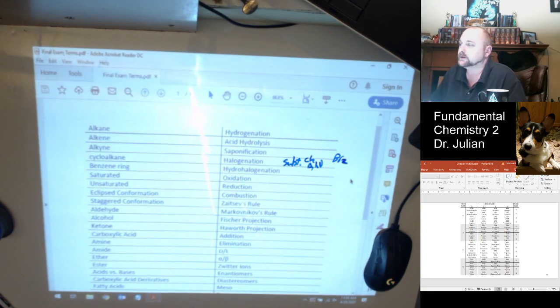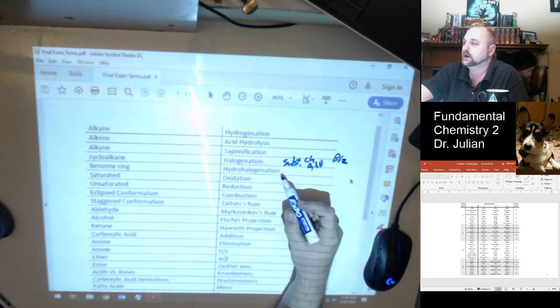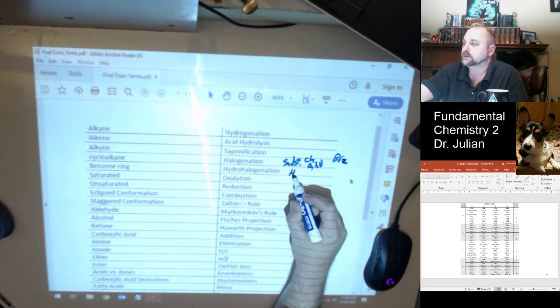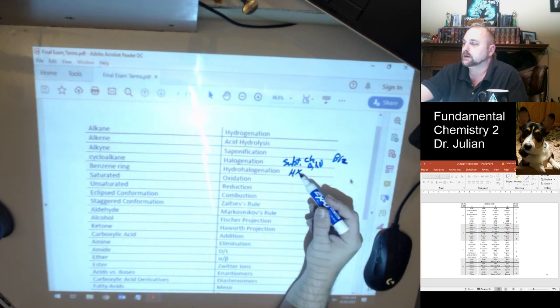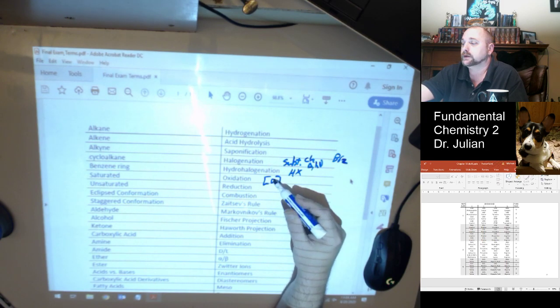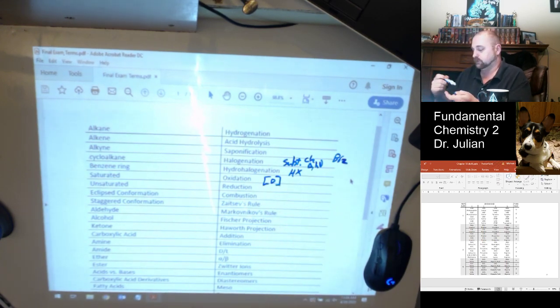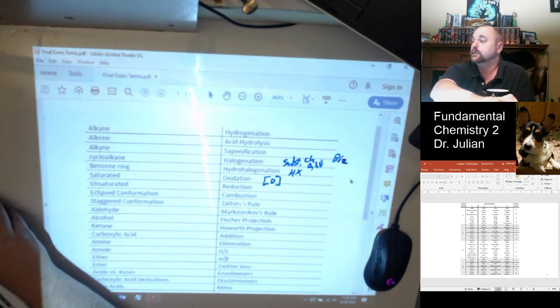So hydrohalogenation, so this is most likely talking mostly about our addition. So hydrohalogenation was HX, and so we had to worry about Markovnikov, anti-Markovnikov, oxidation. So oxidation and reduction, you should know the three definitions of each. Combustion, fuel plus oxygen yields CO2 plus water.